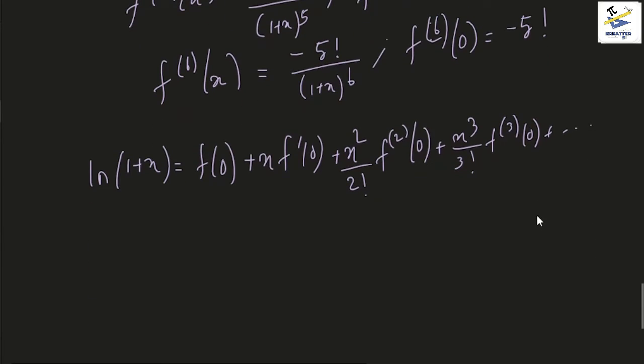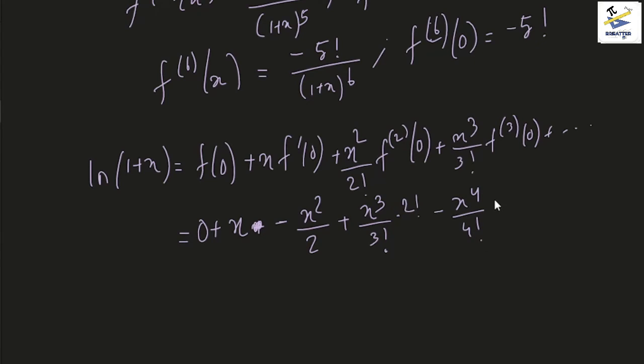Now once we start putting in the values, we see that f of 0 is 0 and f dash 0 is just 1. For the even one it's negative, if you remember, so it's not plus, it's like minus x square by 2 plus x cube by 3 factorial into 2 factorial minus x to the power 4 by 4 factorial into 3 factorial, and so on.